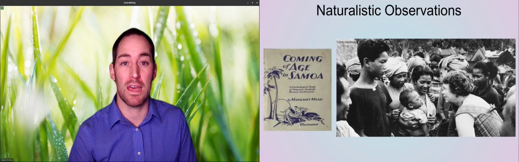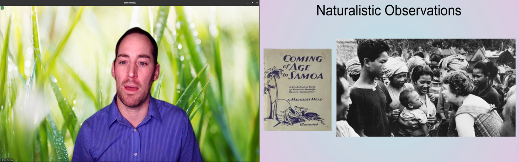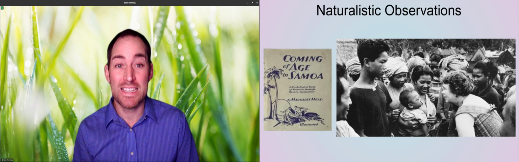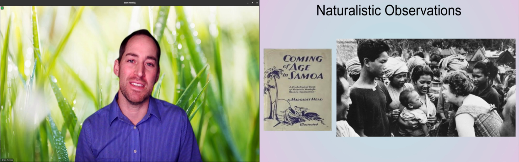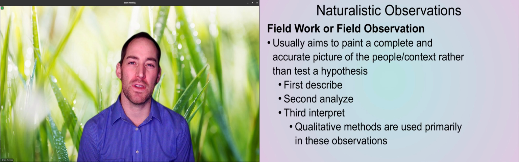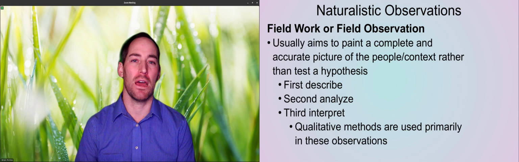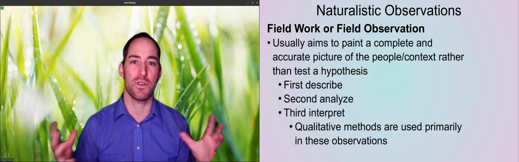And that's one thing that they found in reviewing notes and re-reviewing people that Margaret Mead interviewed, is that some of the people changed their behavior intentionally to change results that Margaret Mead discussed in their work. So with this, usually with field observation, you're trying to paint a really complete, accurate picture of what the people and the context are trying to do.